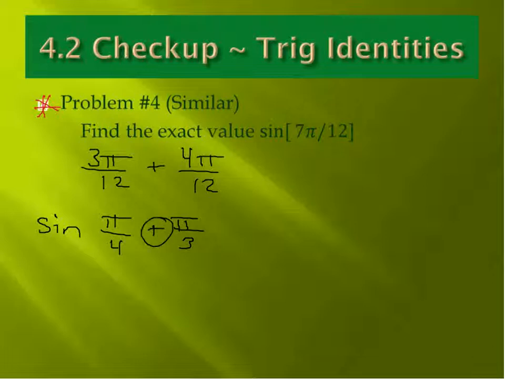So since it's an addition problem, let's write out what my formula is going to be. My formula is going to be sine. Oops, I put 3 pi/12. Sorry, hang on. I don't think I reduced them the first time I put them in here.